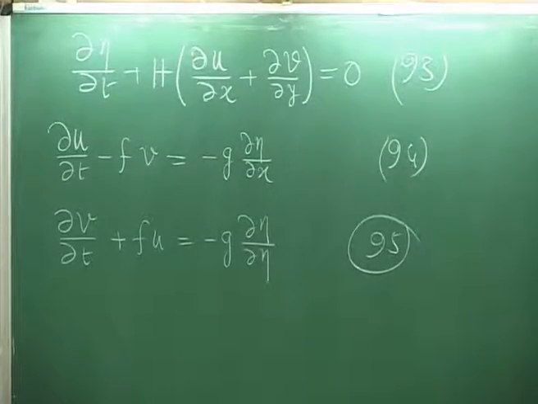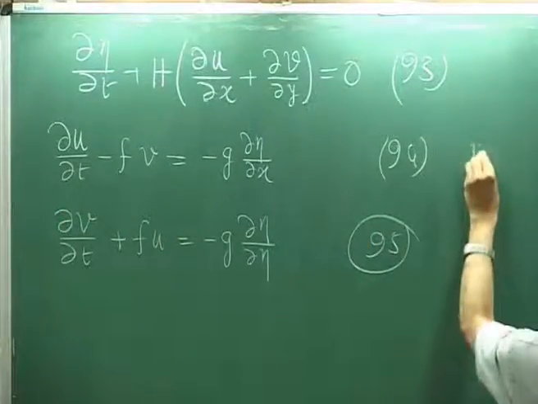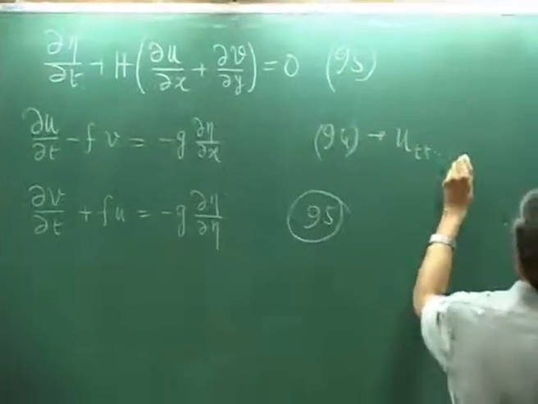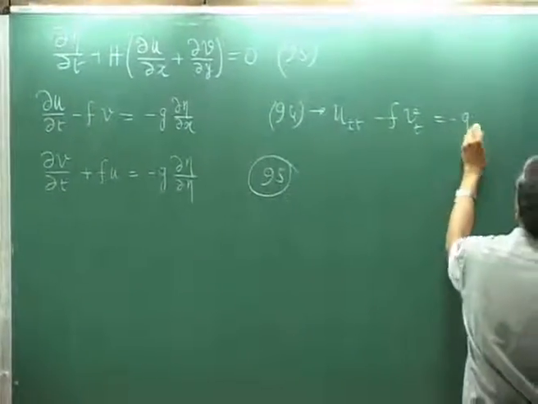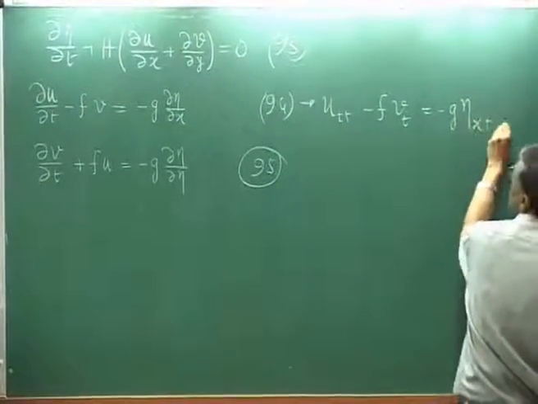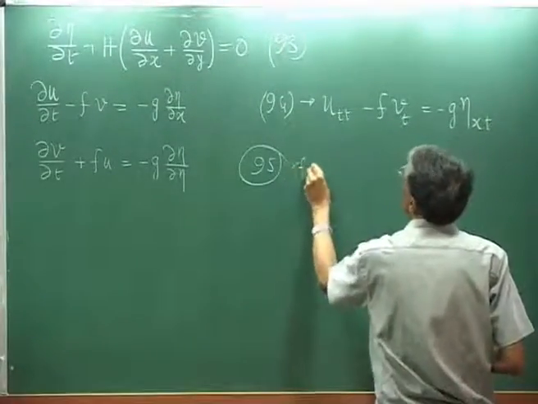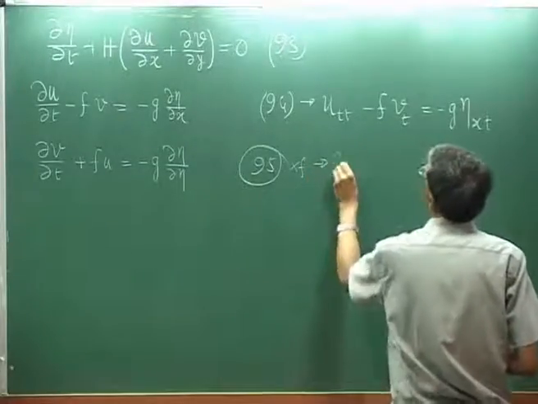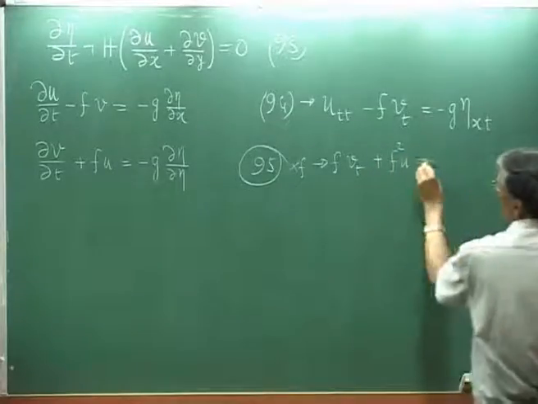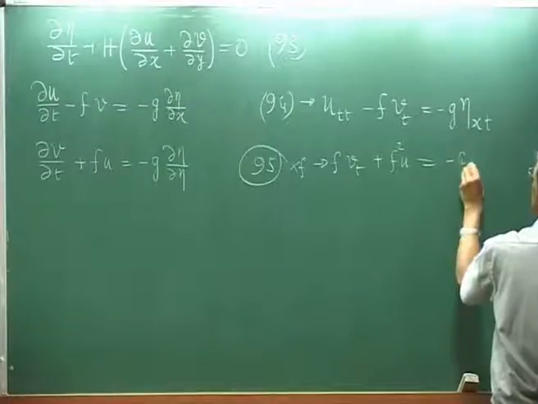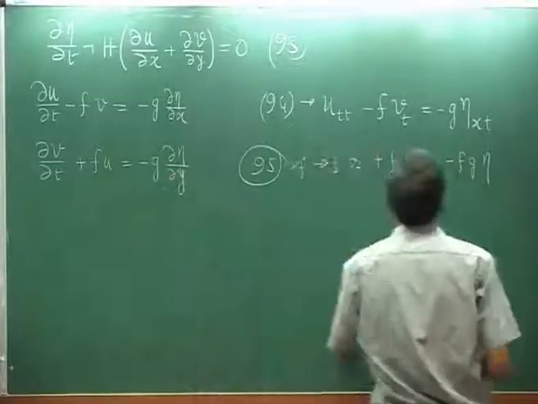Equations, what we are doing, we are differentiating this. So, I will write it as u t t minus f v t should be equal to minus g into eta x t, right. To that we are going to add f times this. So, I will get f v t plus f square u and minus f g eta y.